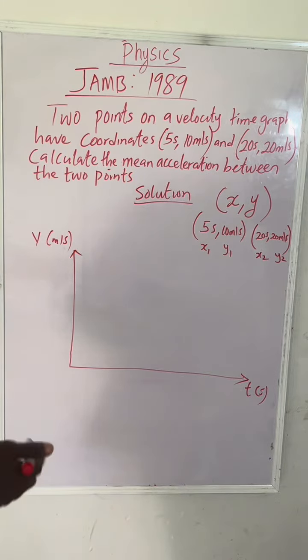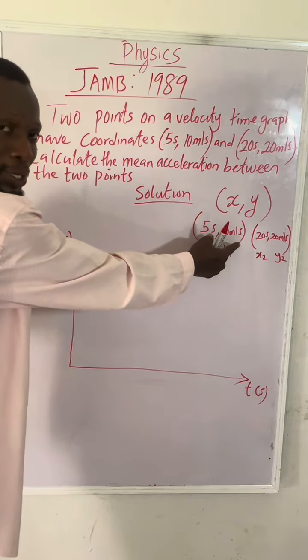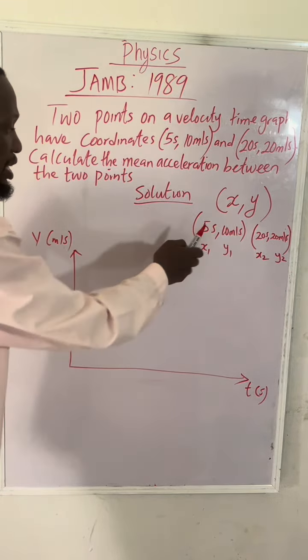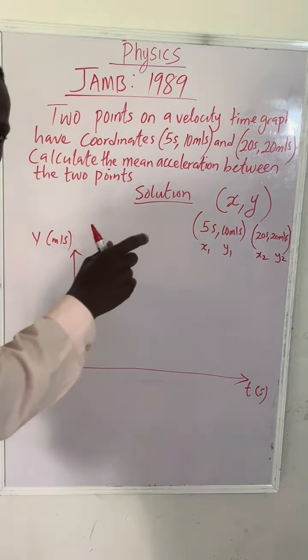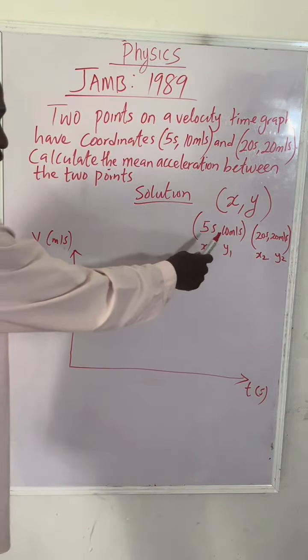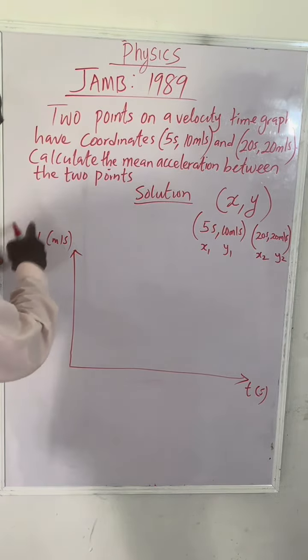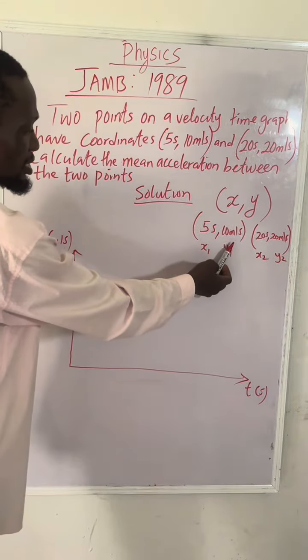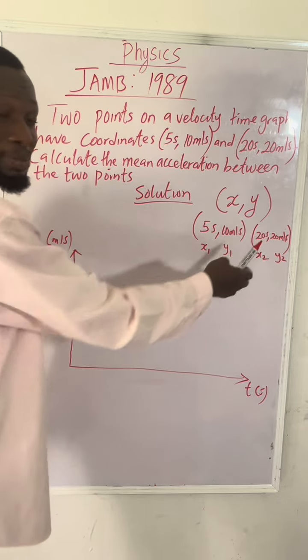Now, the next thing is that your first value, your first point, you have to plot it here. Now, please check your values, so you are going to know the scale to use. On the y-axis, which represents our velocity, you can see that the velocity here is 10 meters per second, and the second one is 20 meters per second.